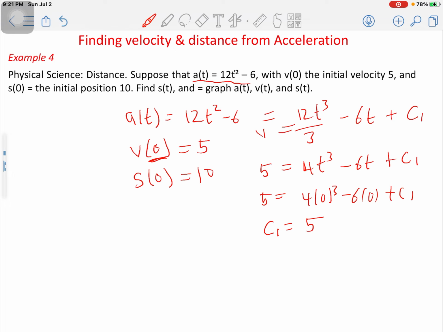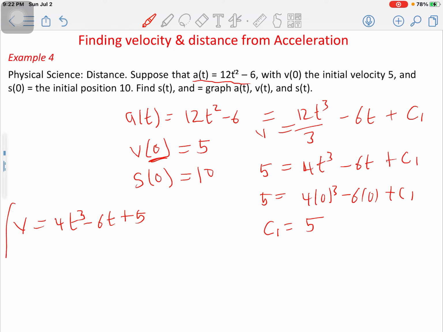So let's come to the second integral. Now our velocity function becomes v equals 4t power 3 minus 6t plus 5. Right, that will become our velocity function. So now that we have a velocity function, let's integrate it once again to get our distance function.